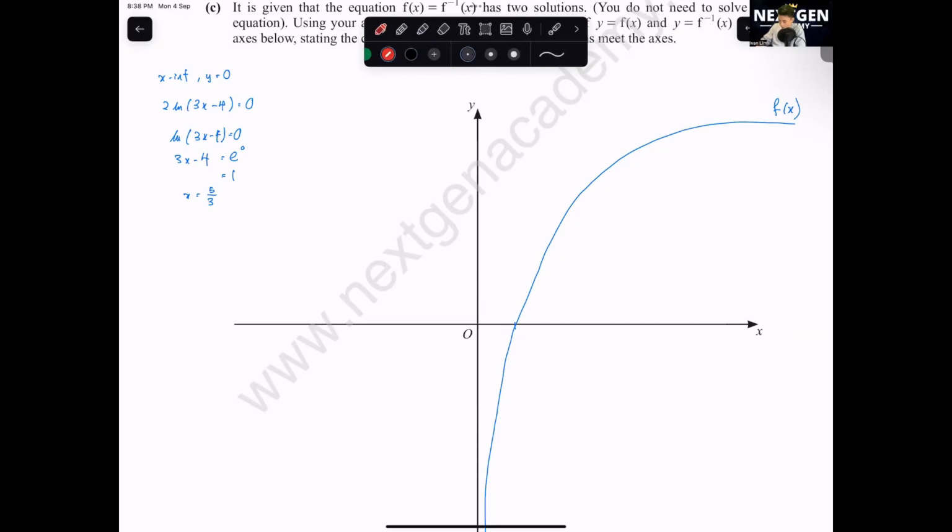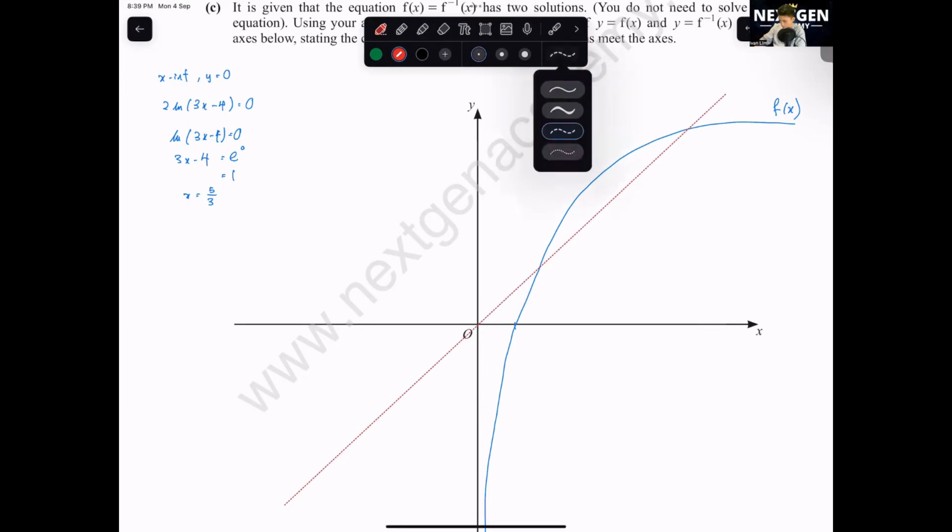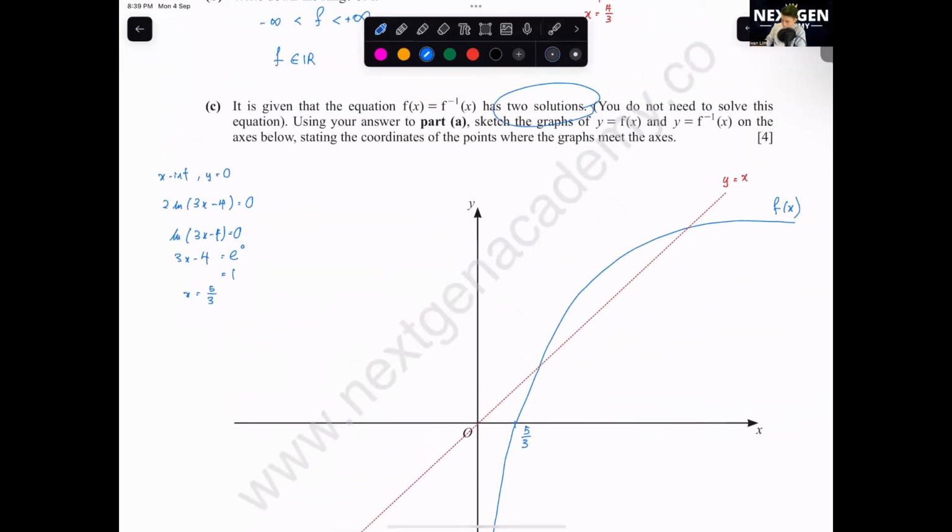For me to draw the inverse, you draw this line. This is the y equals x line. Then here you have to plot your 5 over 3. You have to look at the statement here. Just now they say it has 2 solutions.